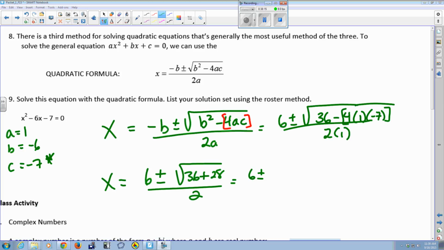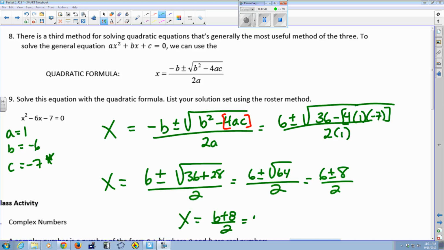The square root is 64, and you say, it's a nice rational answer. x equals -6 plus 8 over 2, which is 1, and x equals -6 minus 8 over 2, which is -7. So in MyMathLab, you put -7 comma 1 as your solution set. Have a fun time with the activities. They're going to take you the rest of the class. Okay.